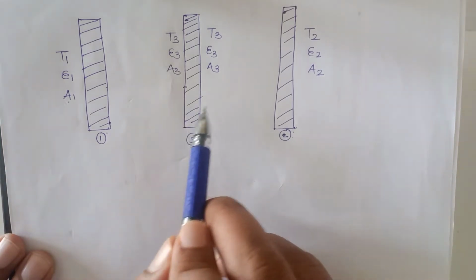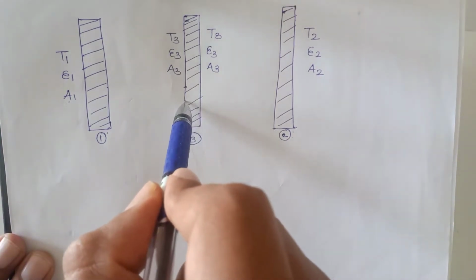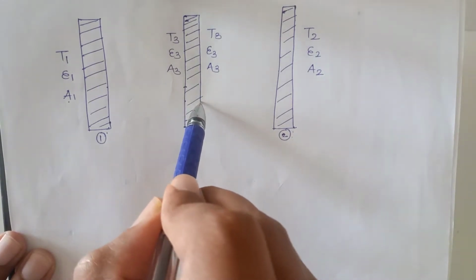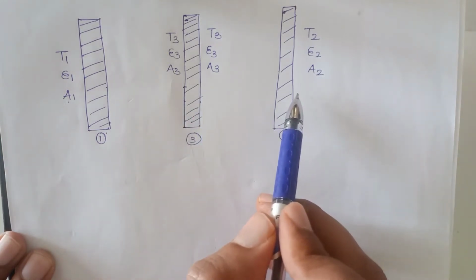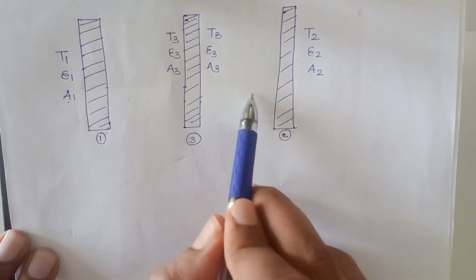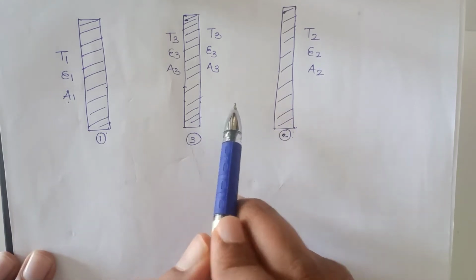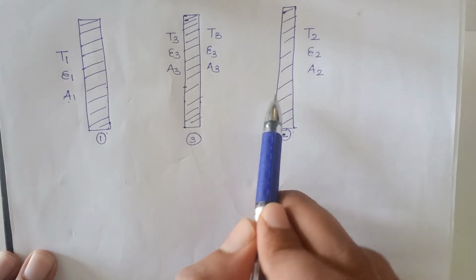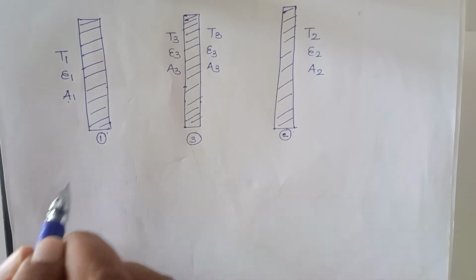Afterwards, there will be surface resistance for this side of the radiation shield, then surface resistance for this side of the radiation shield, which is now facing towards surface number 2. Then there will be space resistance between the radiation shield and surface 2, and then again surface resistance for surface 2. Okay, so we will proceed in this direction.